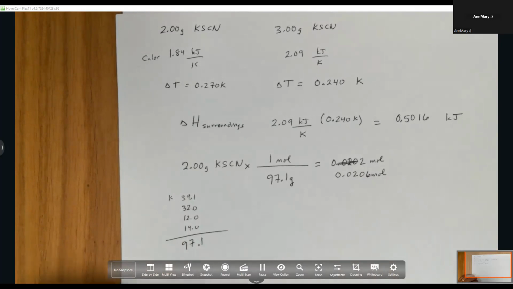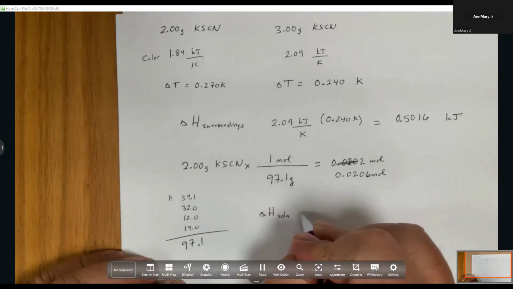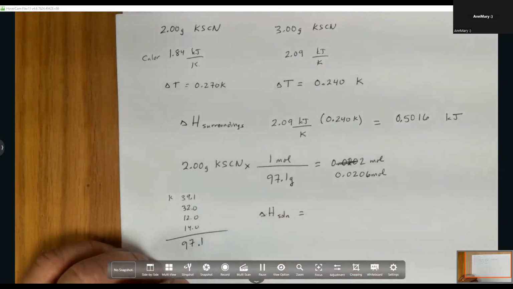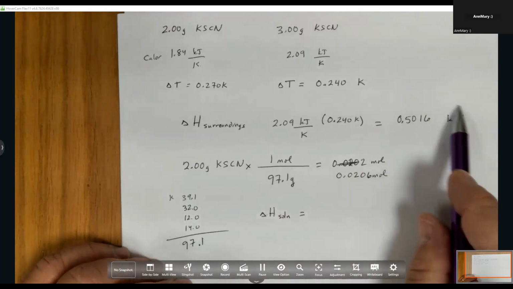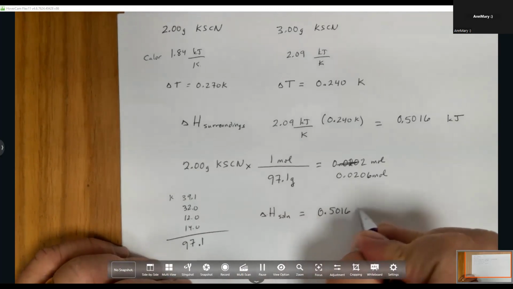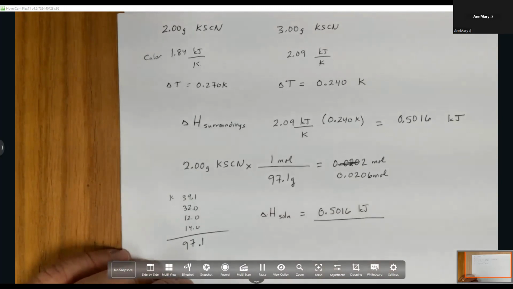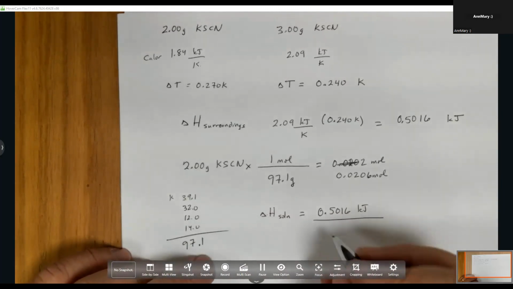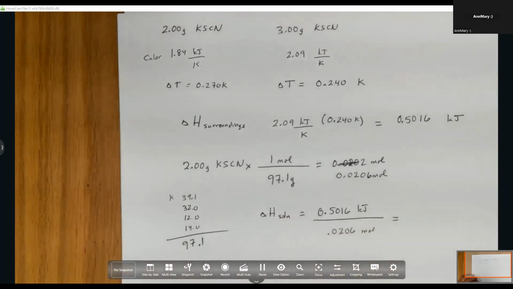All right, so then the change in heat of the solution: the surroundings absorbed 0.5016 kilojoules, and then we had 0.0206 moles. So that'll give us kilojoules per mole.